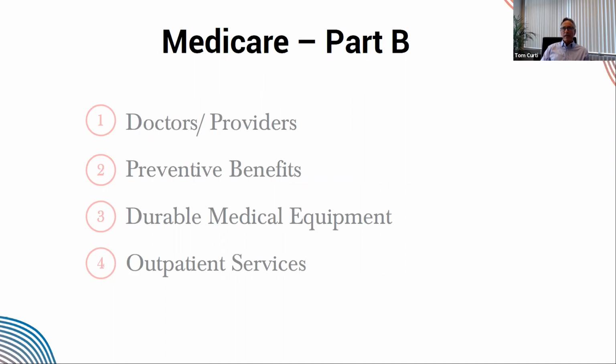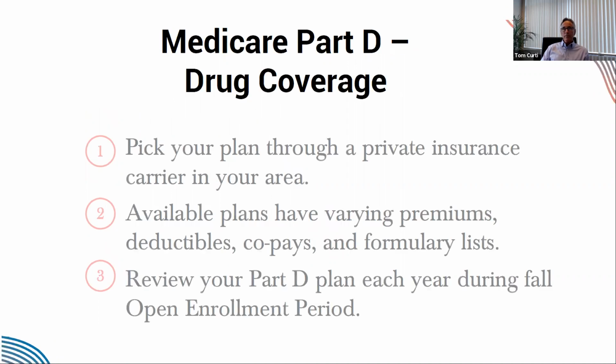Under Medicare Part B, this includes doctor visits, other medical providers, preventative benefits, such as well care benefits and the like, and then durable medical equipment, and then outpatient services. And Part D, now this is not directly through the federal government.